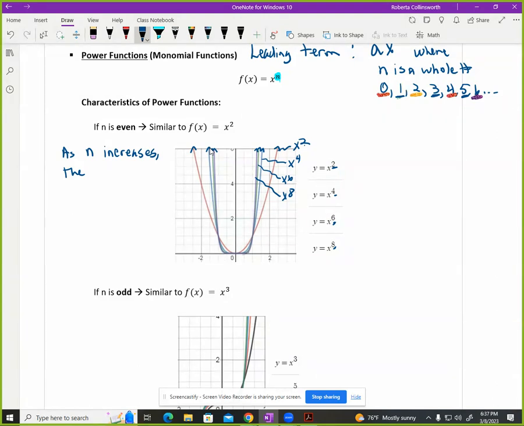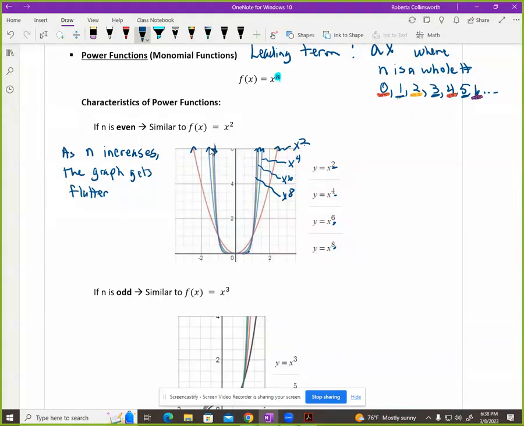So as n increases, the graph gets flatter around the origin, but increases faster. So right here, let's look at this purple one.